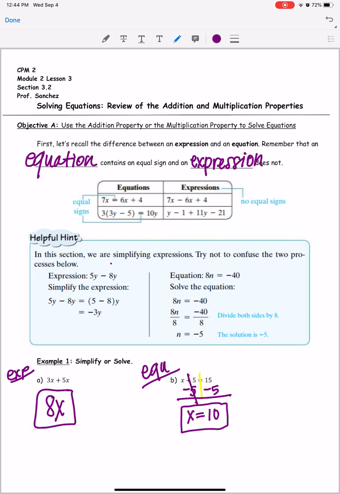So if you notice here, the biggest difference is that with the equation, you can solve for x, but then the process. Notice over here on this equation, we're doing the opposite operation. So I'm not just doing 5 plus 15 because they're on different sides of that equation.